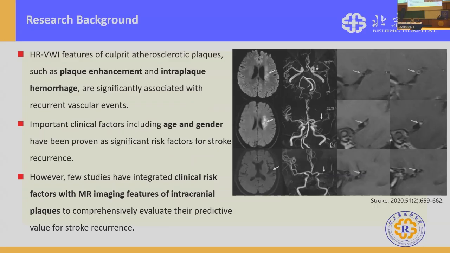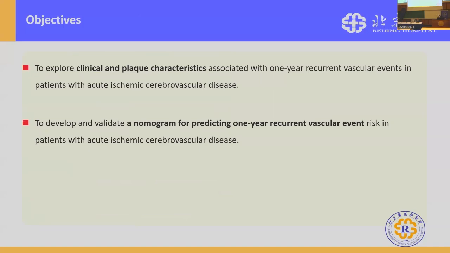Current research has shown that some plaque characteristics correlate significantly with recurrent events. Additionally, some clinical factors are proven risk factors for stroke recurrence. However, few studies have comprehensively combined clinical risk factors with intracranial plaque imaging features to predict stroke recurrence.